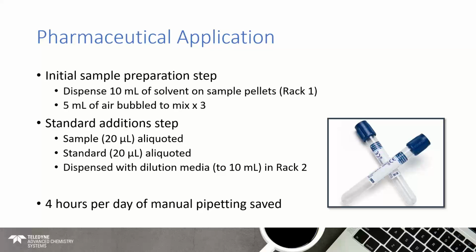This particular pharmaceutical customer told us that the SimPrep could save them 4 hours a day of manual pipetting. Again, it very easily scales up. 4 hours a day is 20 hours a week of somebody's time, 2.5 days of just manually pipetting. So you can see just how easy it is to make a much more efficient workflow by automating sample preparation.